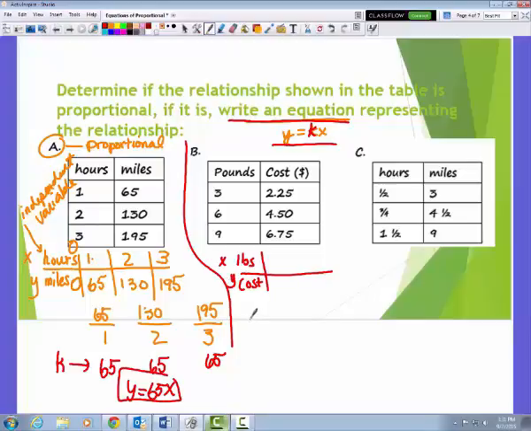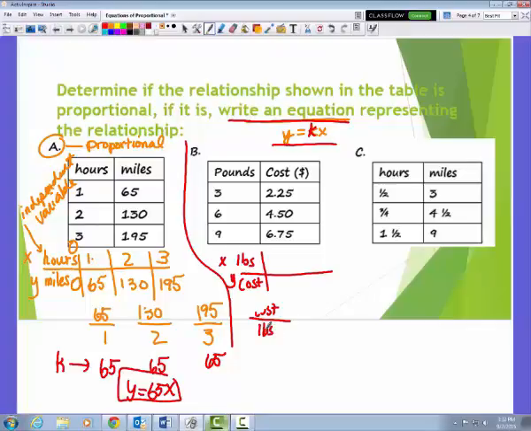So if I have the independent on the bottom and the dependent on the top, the cost depends on how much it weighs. So the cost is definitely going to have to go on the top this time, and the pounds on the bottom. That's what I'm thinking as I'm looking at this.